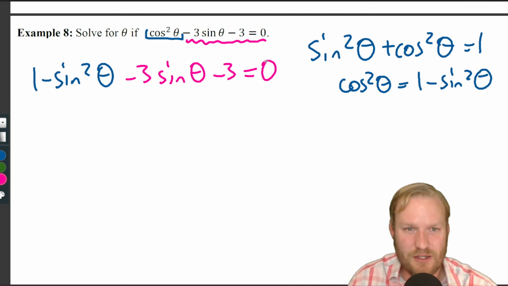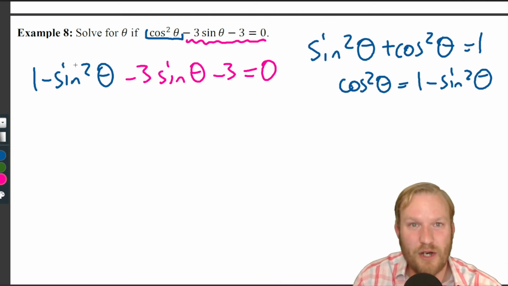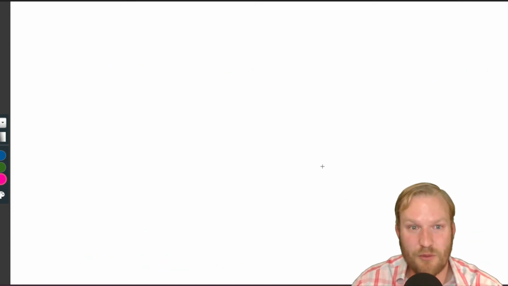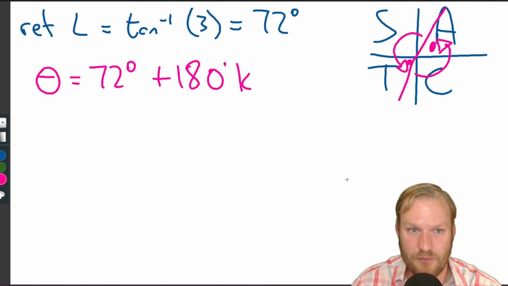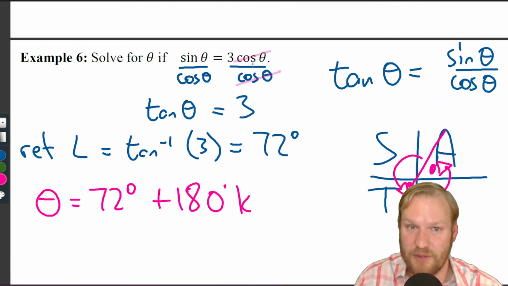So the reason that I've chosen to do this is then in our trig functions, we just have sines everywhere. Sine squared, sine, and a constant. We don't have a mixture of sine and cos. Even if we look back at our first example, we made sure that we didn't have a mixture of sine and cos, so we manipulated it so that we just had tan theta.